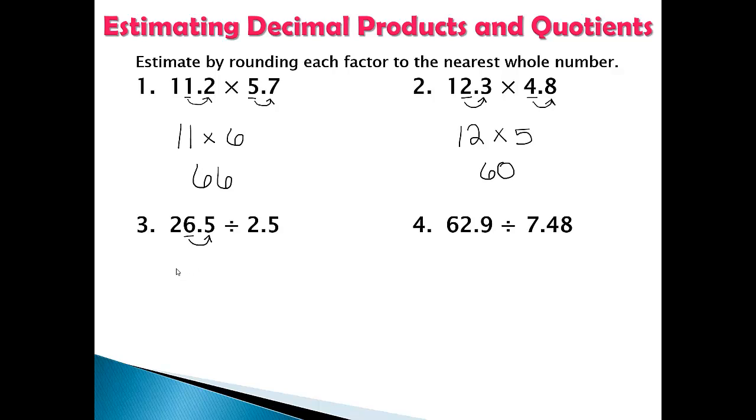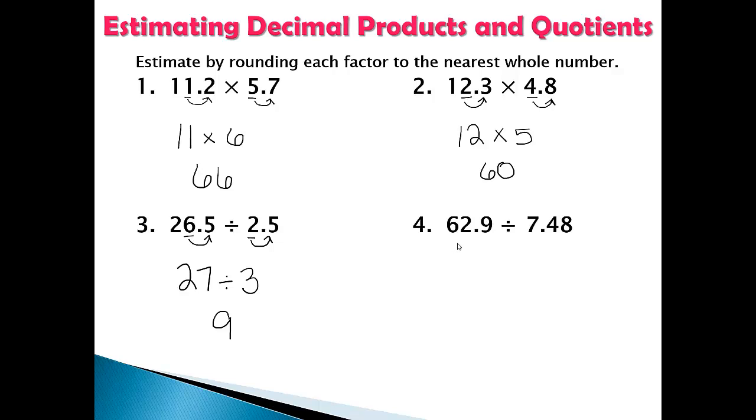So our 26 5/10 will round up to 27. And then for 2 5/10, the 2 is the digit we're rounding. The 5 behind the 2, in the tenths place, tells us that we're going to round up. So this 2 will round up to a 3. And 27 divided by 3 equals 9.